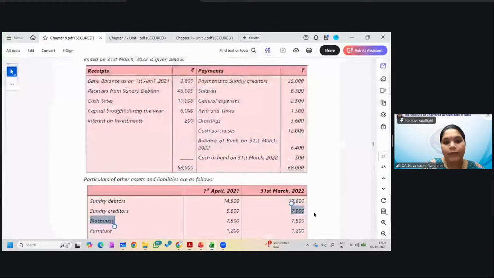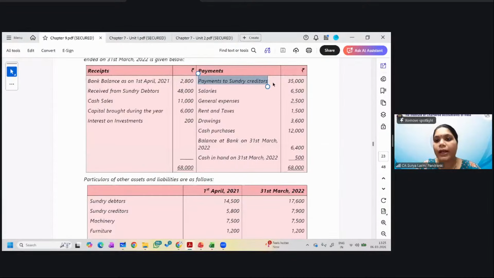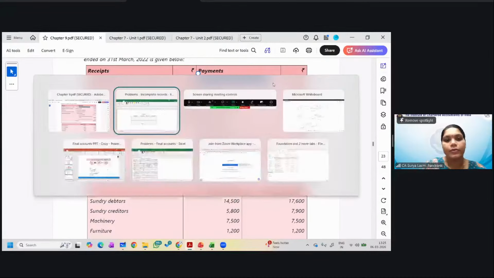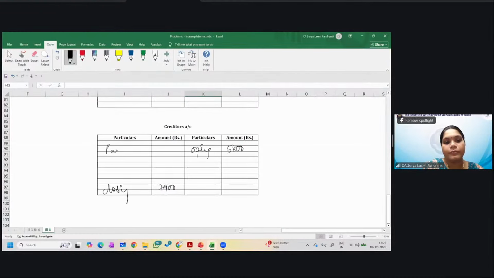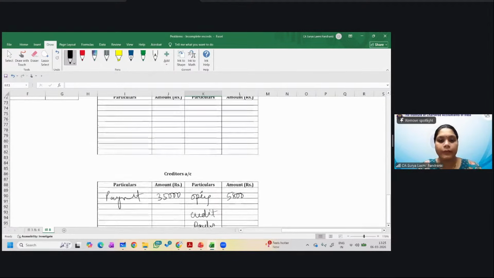If any payments are made to creditors, even that has to be included. So payment to creditors, 35,000. Whatever is the balancing figure will be your credit purchases. Calculate the balancing figure. 37,100. Okay, done.